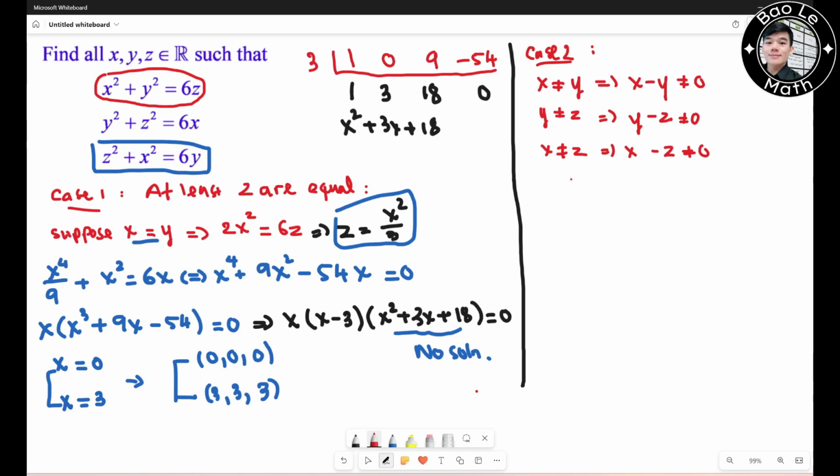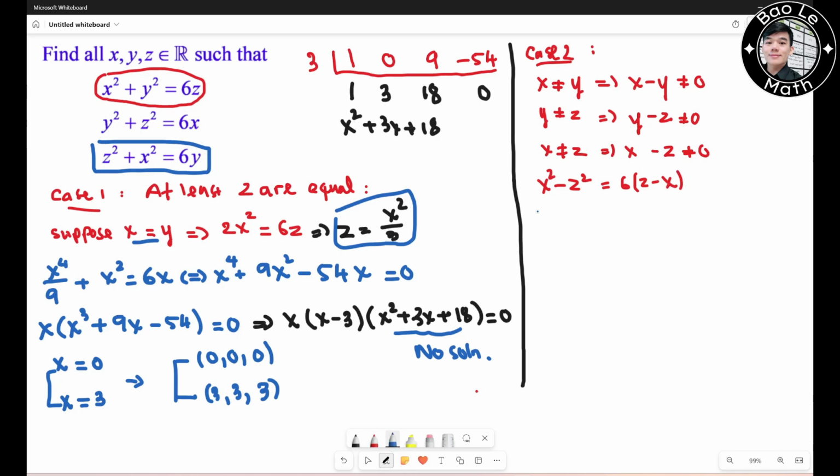So I have x squared minus z squared equals 6 times z minus x.